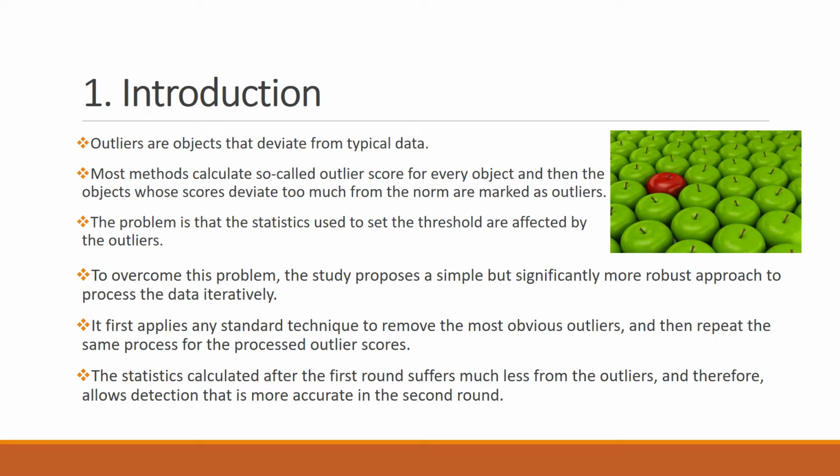First, we detect some outliers, remove them from our data, calculate SD, MAD, IQR for the remaining data, and again calculate the range and remove more outliers. As a result, the statistics calculated after the first round suffer much less from the outliers and therefore allow detection that is more accurate in the second round.